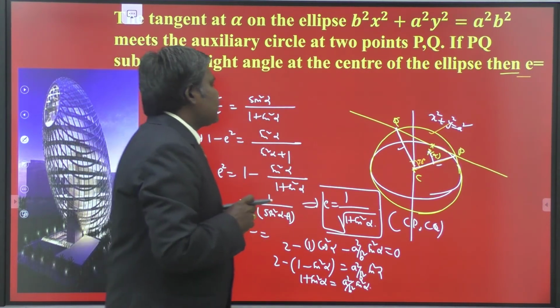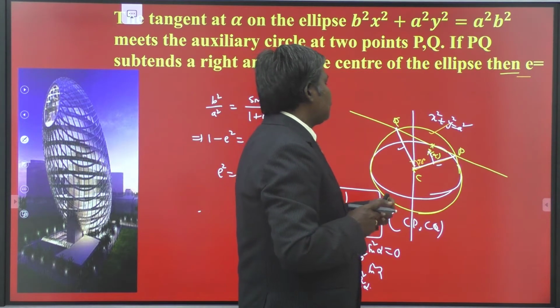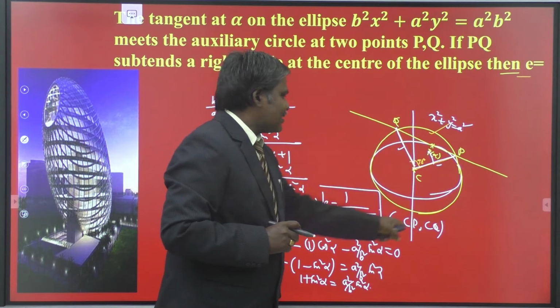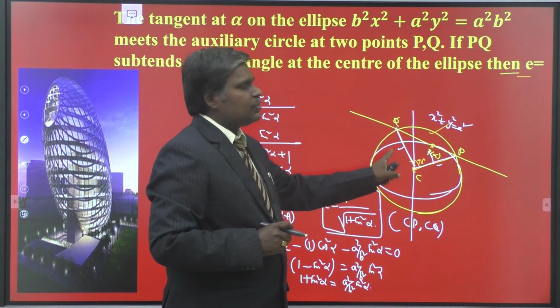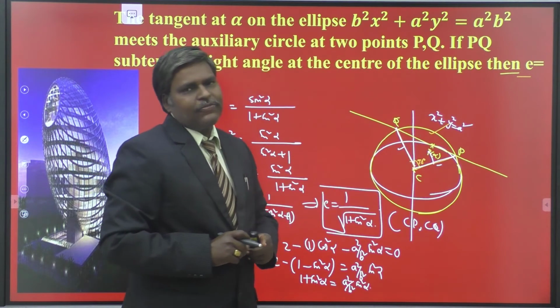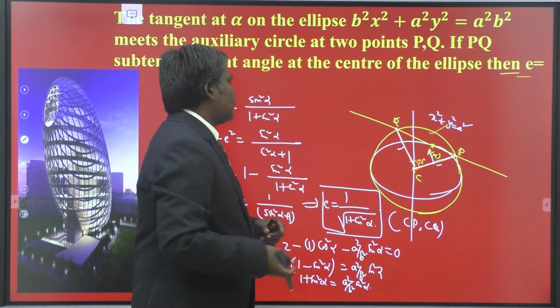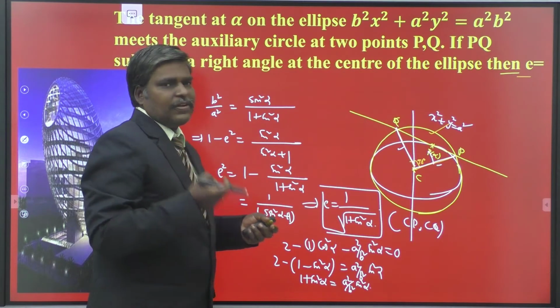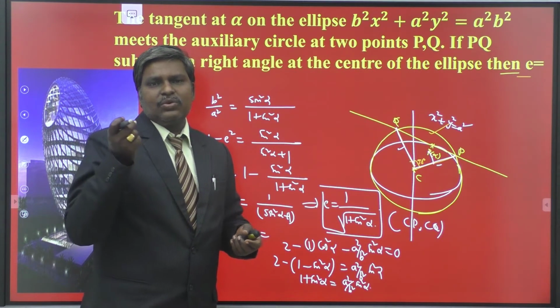So the basic idea behind this problem is that you are homogenizing the curve, that is the auxiliary circle, not the ellipse, with the tangent at R of alpha. What is the tangent at R of alpha? x by a cos alpha plus y by b sin alpha is equal to 1.